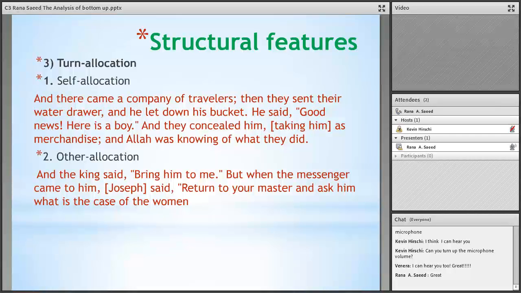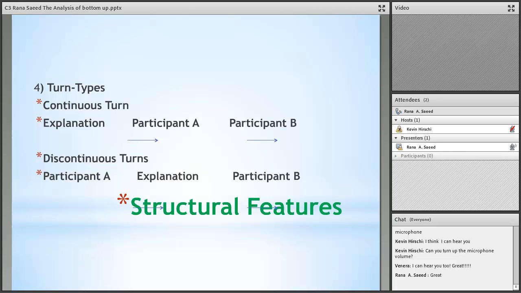The first time, the king selects Joseph to take the turn, but later Joseph turns to the king with another question, asking him what is the case of the women. So these are two techniques that are used in the dialogues to exchange the turns within the structural features.